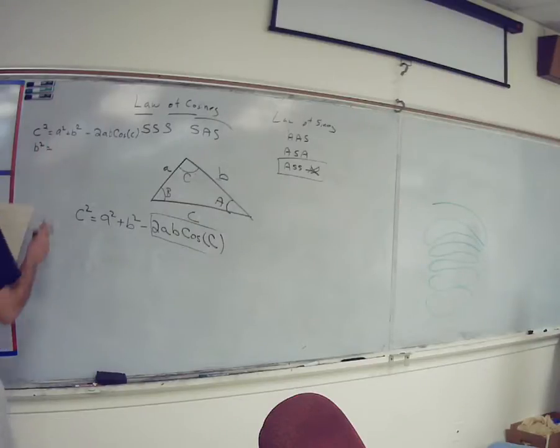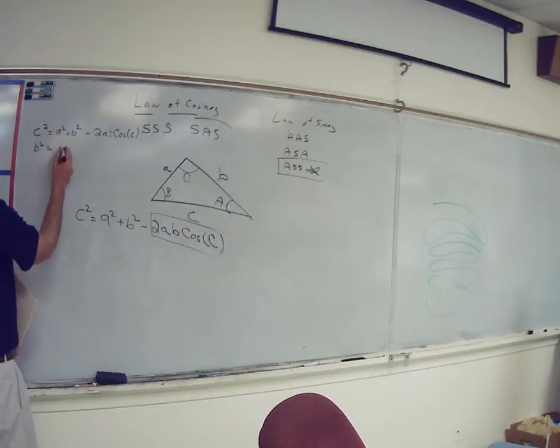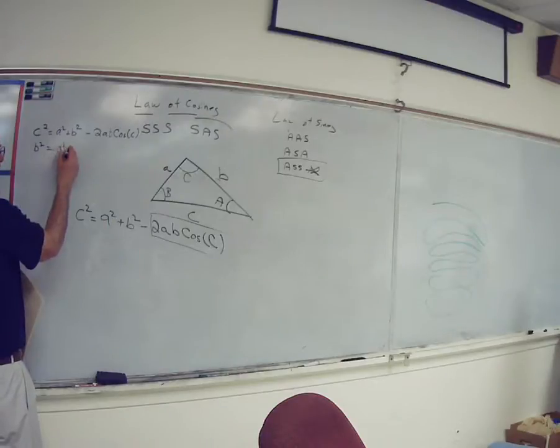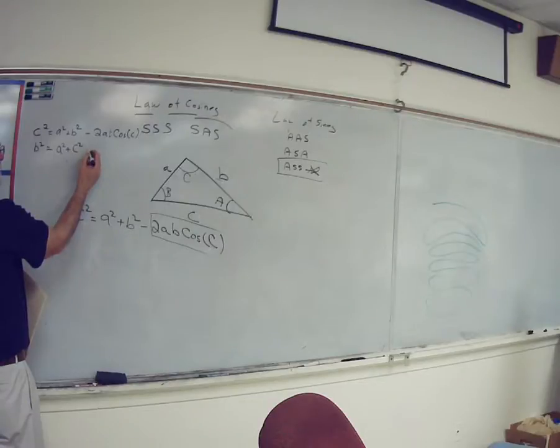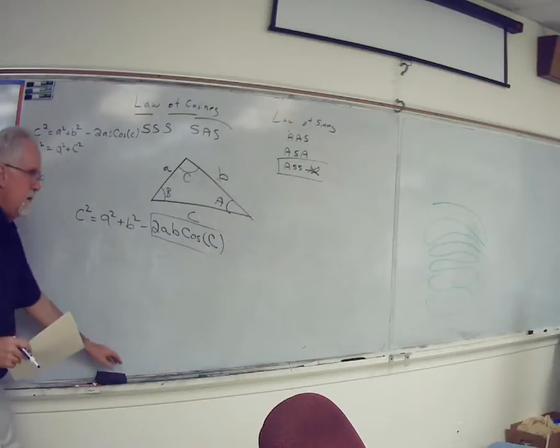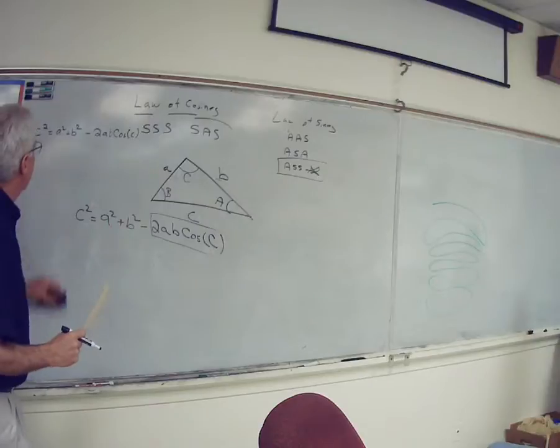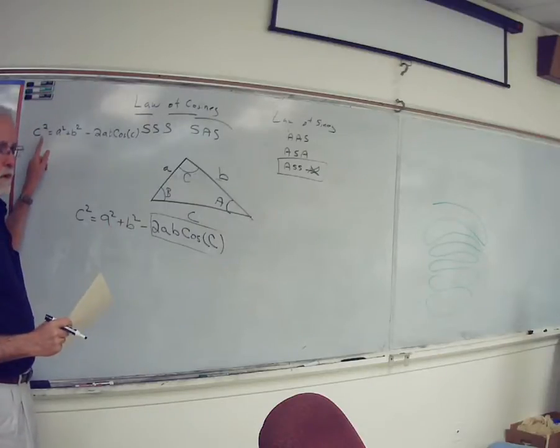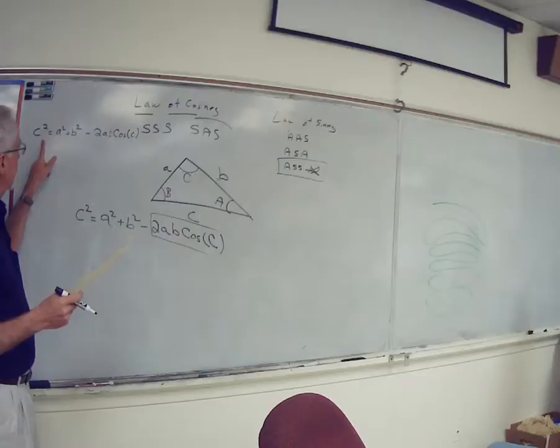Ben, I want you to tell me what b squared would be, just kind of by symmetry. What am I solving for here? c squared.